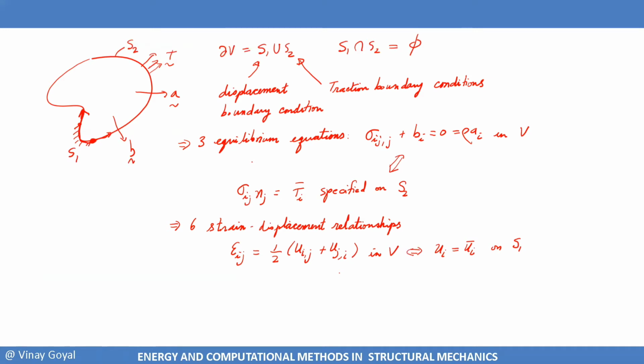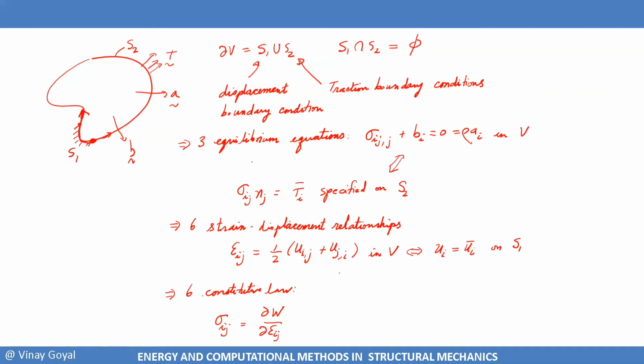And the constitutive law, there are 6 components, 6 equations. The constitutive law is written sigma ij equals partial of W with respect to epsilon ij, where W is the strain energy density function, and it could be a nonlinear function.